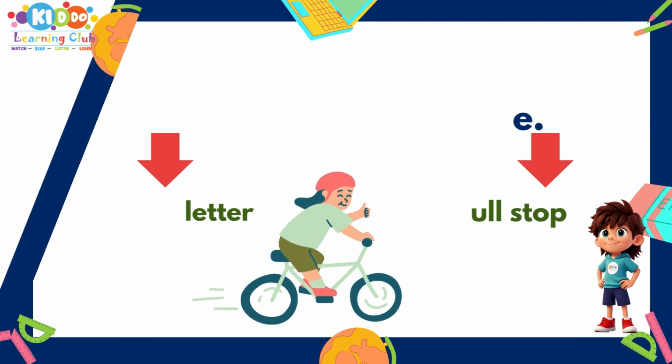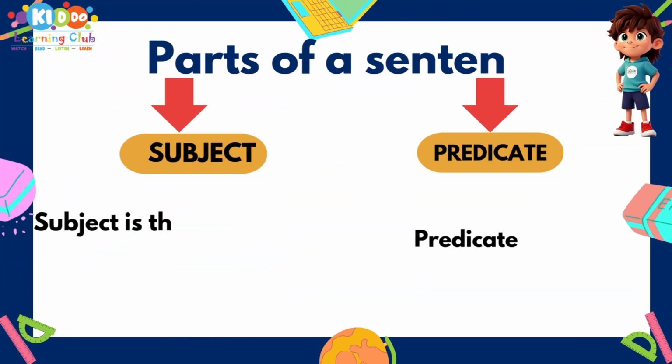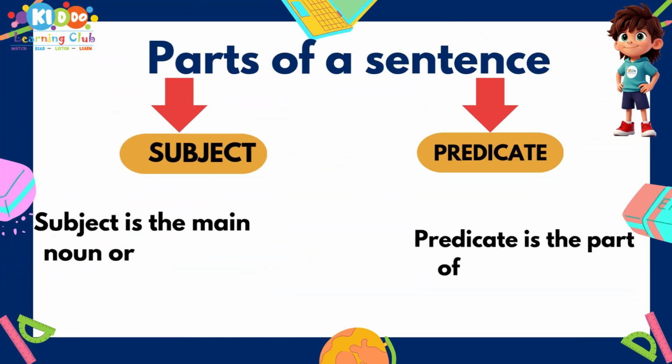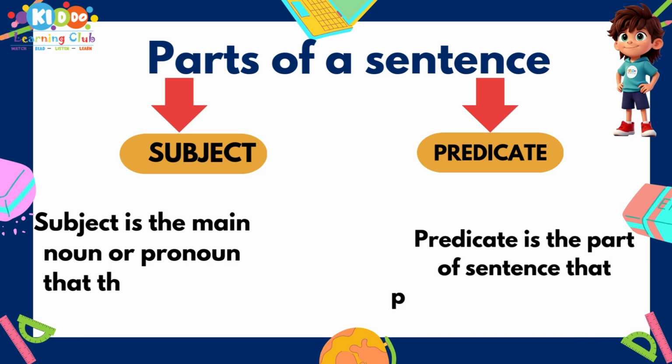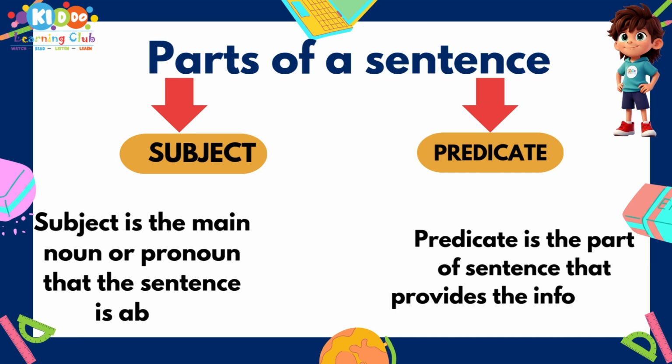Now let's know about parts of a sentence. There are two parts of a sentence, subject and predicate. The subject is the main noun or pronoun that the sentence is about, and the predicate is the part of the sentence that provides the information about the subject.